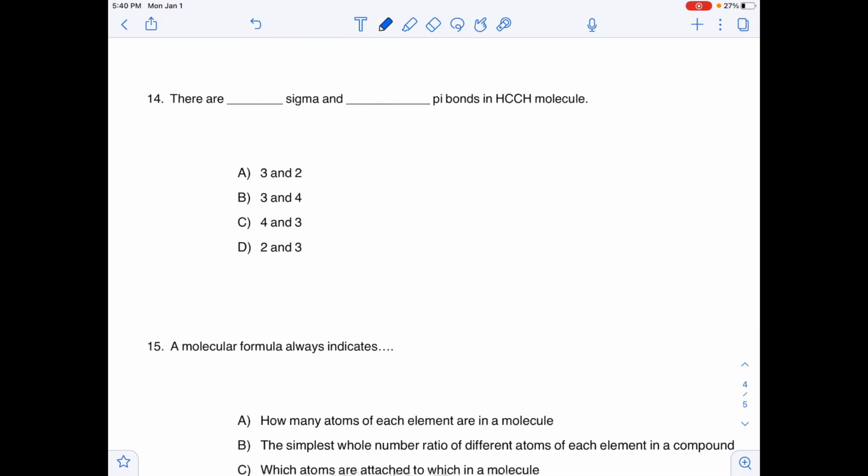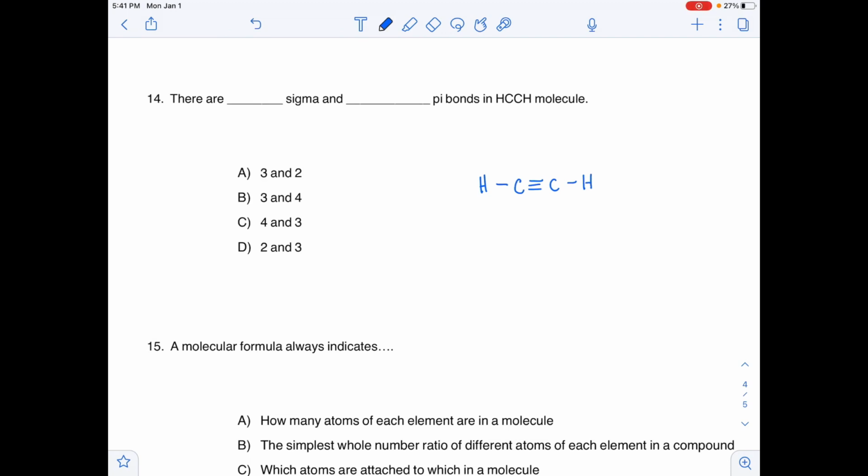For 14, it says there are blank sigma and blank pi bonds in HCCH molecule. So we have to draw the structure for this. So there's 2 carbons, and this is how it's going to be drawn. So there is a triple bond between the 2 carbons, and then there's a single bond between the carbon and the hydrogen and the other carbon and the hydrogen. So when we look at this, a single bond has 1 sigma.